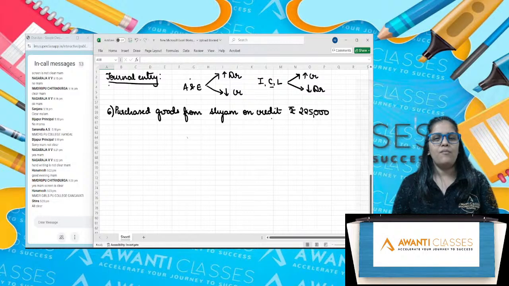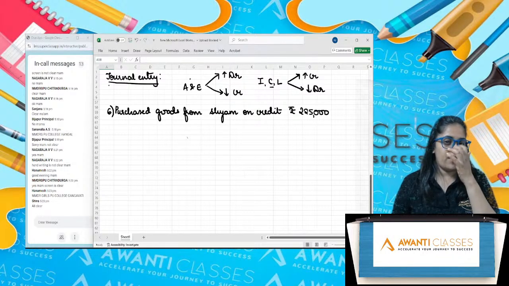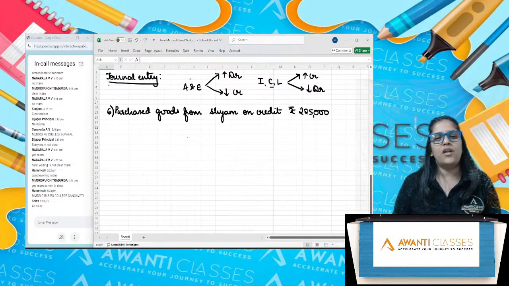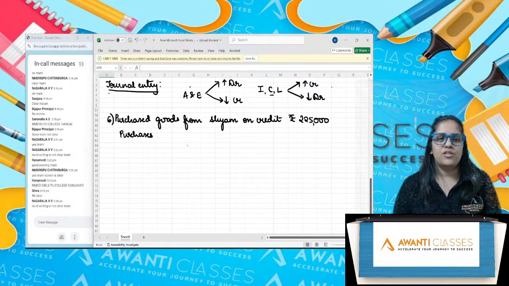Purchased goods from Shyam on credit for rupees 2,25,000. Okay, so now journal entry for this. So now we are purchasing goods, so the first aspect will be purchases. And whom are we purchasing from? Shyam.